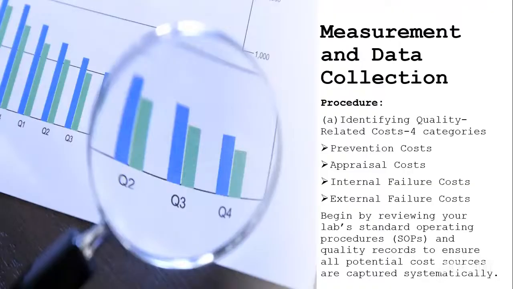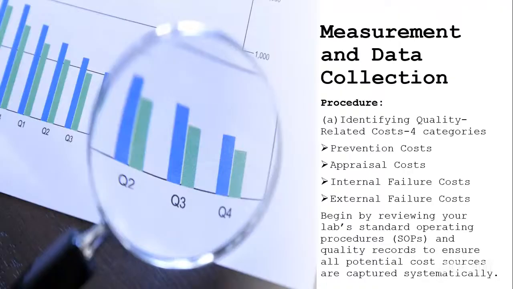So begin by reviewing your lab standard operating procedures and quality records to ensure that all potential cost sources are captured systematically. So you go under prevention costs, list all the processes that fall under preventive costs. Go under appraisal costs, list all the processes that fall under appraisal costs.